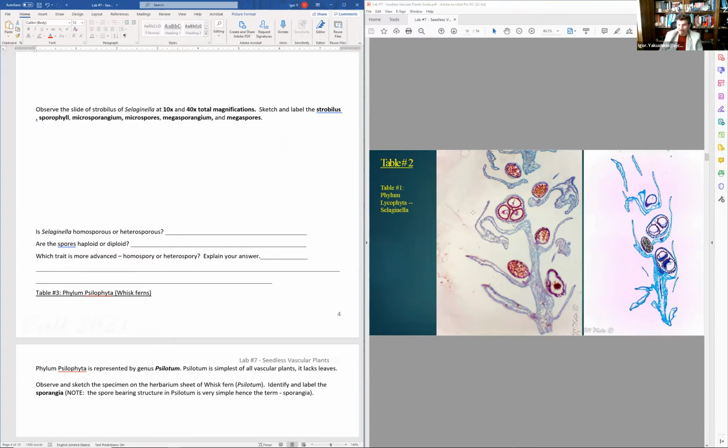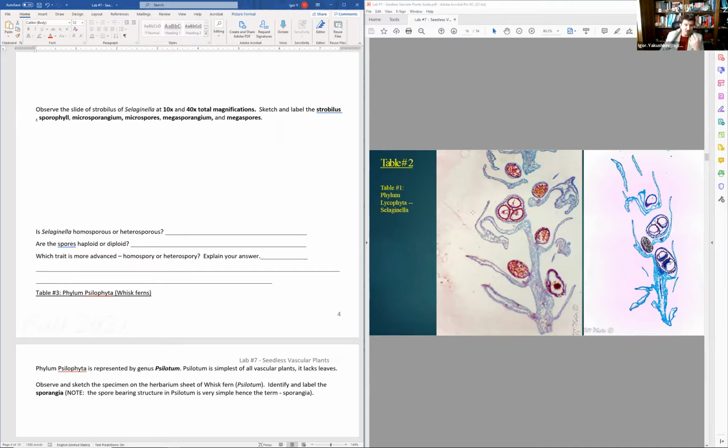When we started lab number 5, actually when we started talking about the lecture before lab number 5, when we started talking about the fungi, I told you guys, please remember, spores are haploid. Fungal spores are haploid, plant spores are haploid.